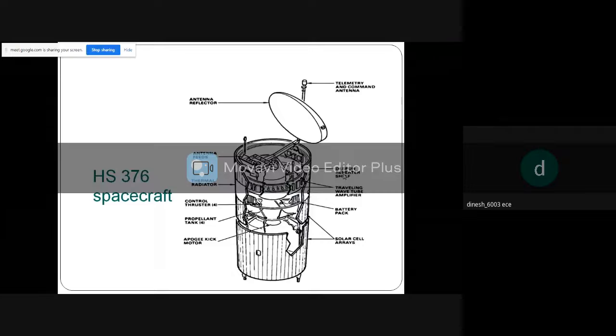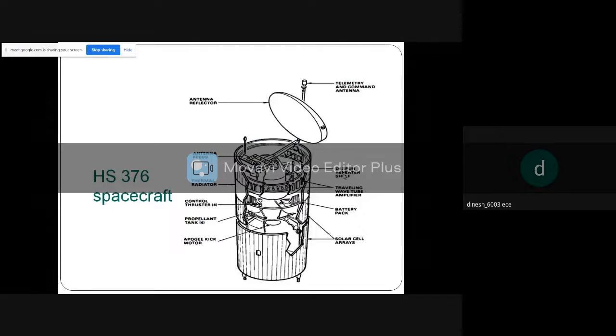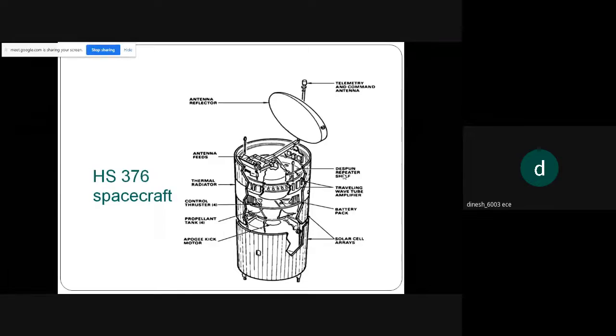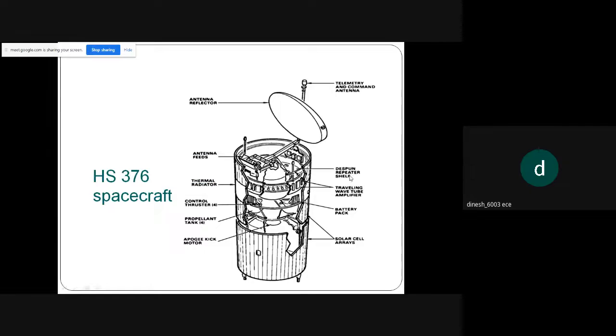Now I'll show you the HS-376 spacecraft structure, how it was designed and what the parts are. At the top you can see a telemetry and command antenna. We have an antenna reflector, antenna feeds, a despun repeater shelf, and the TWT amplifier for amplification or repeater purposes.